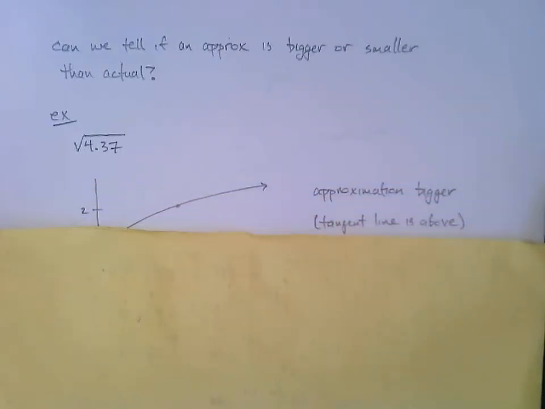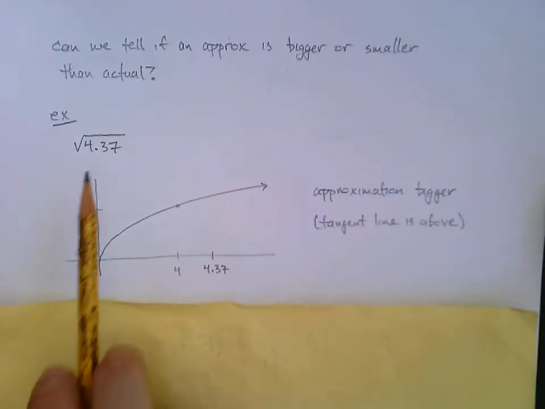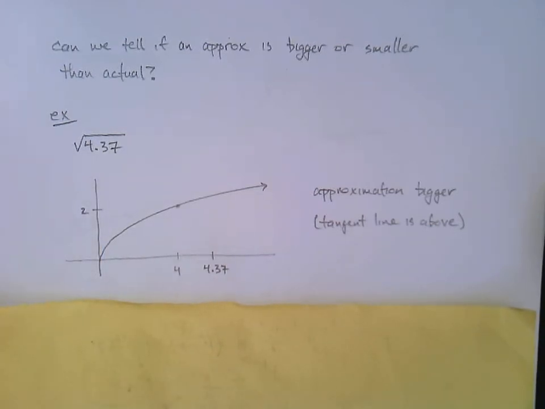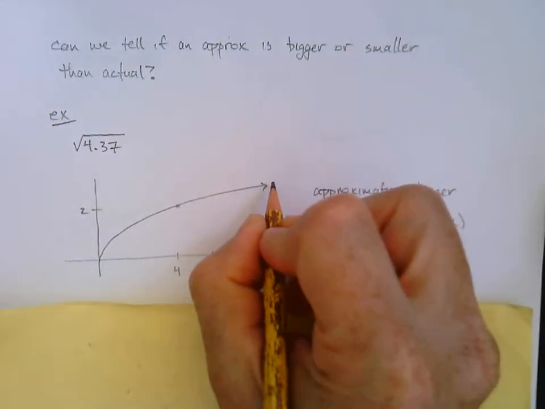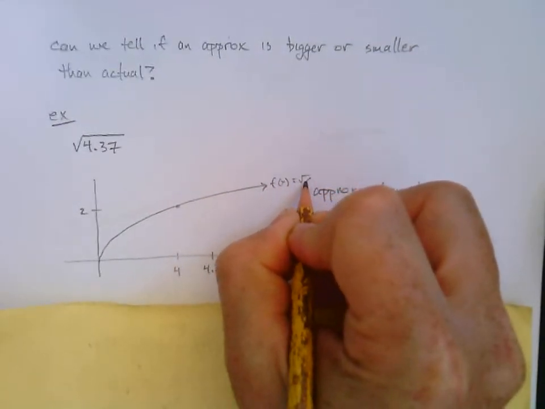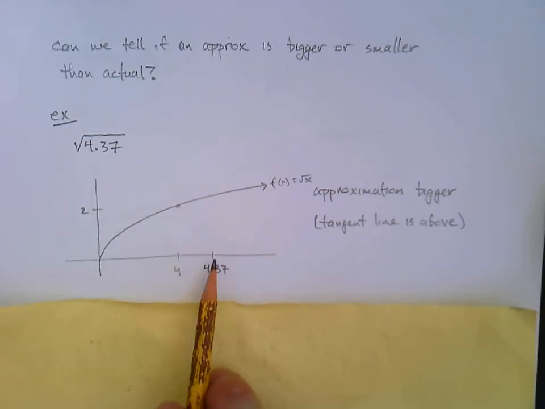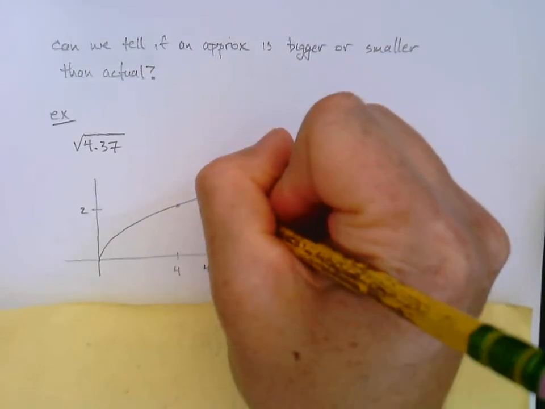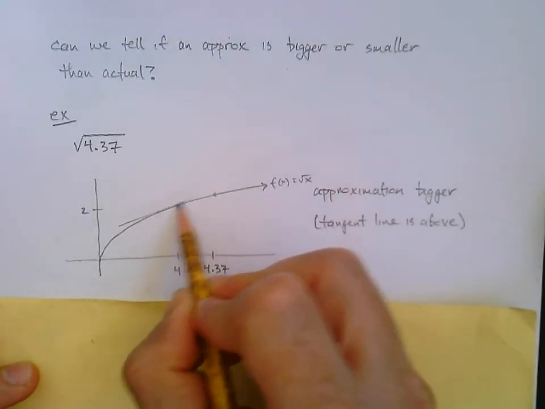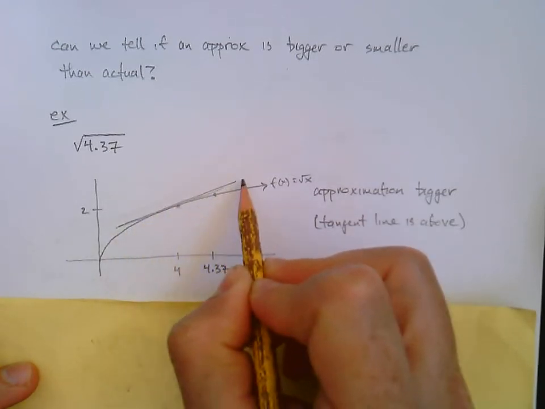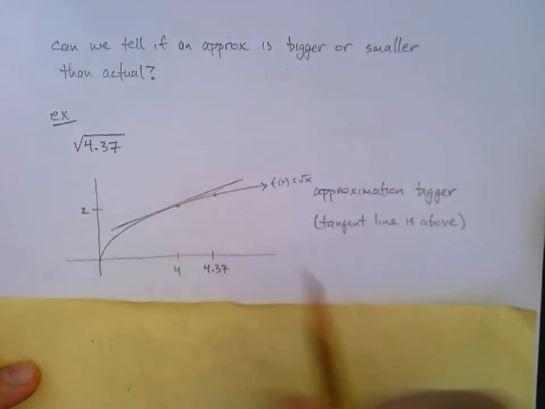Okay, let's look at the first example we did. I'll just show you all of my notes here. For the square root of 4.37, if we graph the function square root x, so f of x equals the square root of x, there's 4. We know we're going to use that, and we know 4.37 is over here. When we draw that tangent line, we can immediately tell that the tangent line is above the curve.